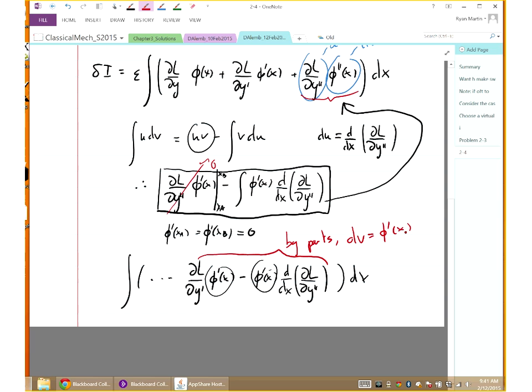And you can see by inspection that up here you end up with a d by dx for the du term. So you're going to end up with a d by dx of ∂L/∂y prime. You're going to end up with a d by dx of ∂L/∂y double prime. So that's how you're going to get the d squared by dx squared.